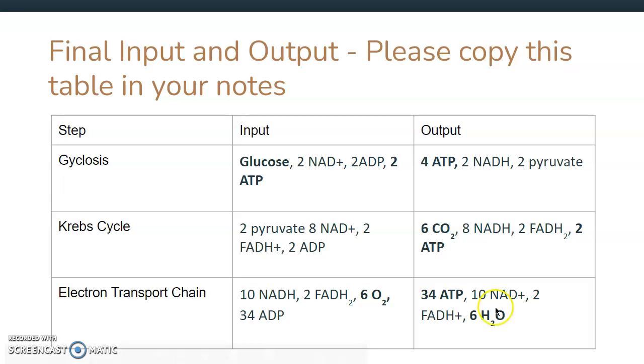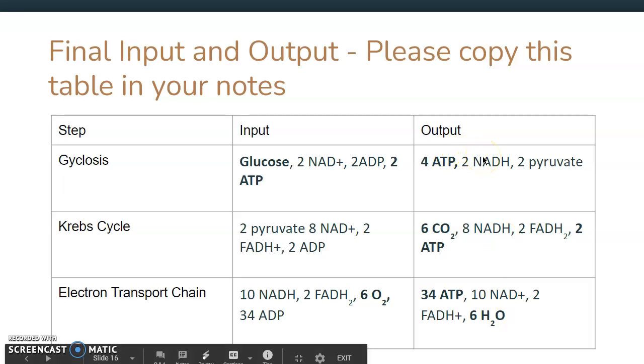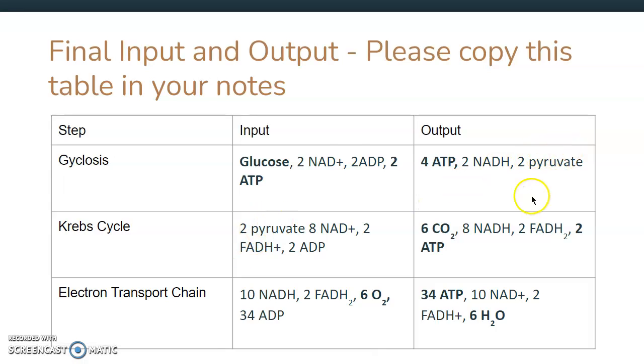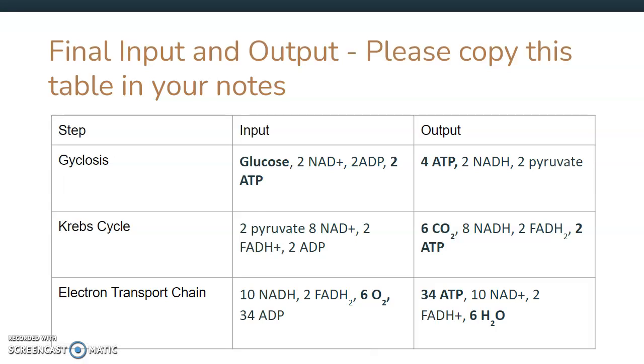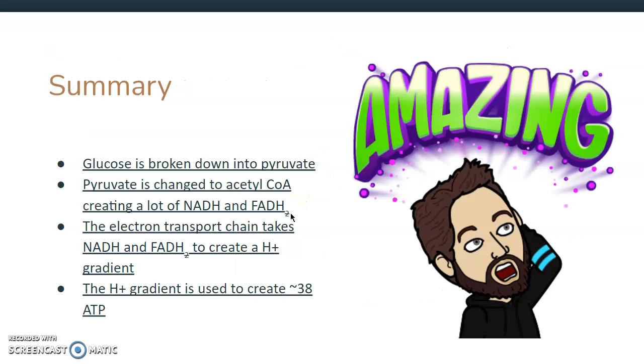So the rest of these will actually cancel with each other. So we have 2 pyruvate and 2 pyruvate, so we will subtract 2 pyruvate from 2 pyruvate. They will cancel out, and we'll end with our overall reaction that we wrote at the beginning of our lecture. So I hope especially these last 2 slides are the very, very important things to take away.